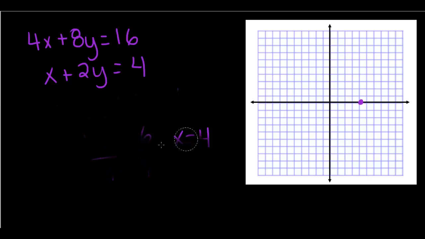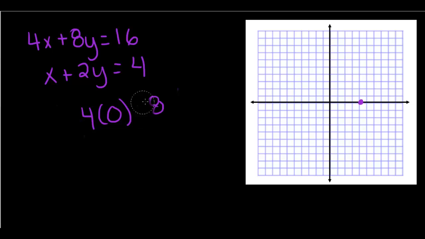Now let's go ahead and find the y-intercept. So to find the y-intercept, we're going to make x equals 0. So that means I will have 4 times 0 plus 8y equals 16. So that is 8y equals 16.